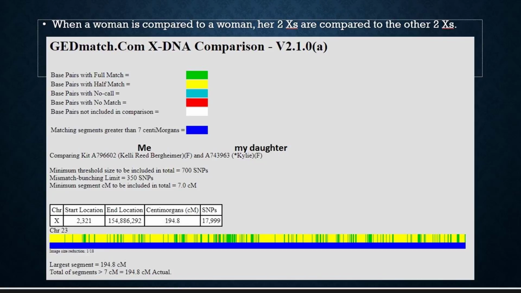How many of you use segment matching? It's on the tier 1 side, I think. The segment matching tool is just amazing, isn't it? It's fascinating. That's what's going to help you differentiate which of those X's you're talking about. Or if you happen to have, like I do, my kid and my mom's kid, and a phased kit with my mom as well, I can figure out exactly which points I match my mom, and which side of the family on the X chromosome comes from my mom, and which side comes from my dad.